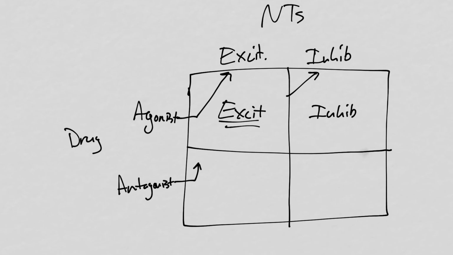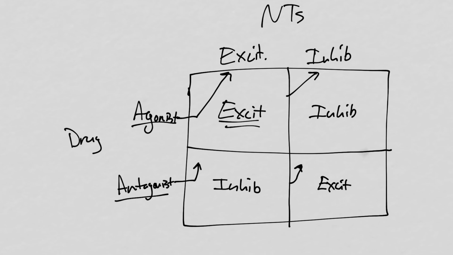And the really confusing one: if you antagonize an inhibitory neurotransmitter, you're blocking inhibition and you get a double negative, and it winds up being excitatory. So the idea here is your drug is one of these two things, but the neurotransmitter that it targets is one of these two things. That's how you get your four possible combinations.